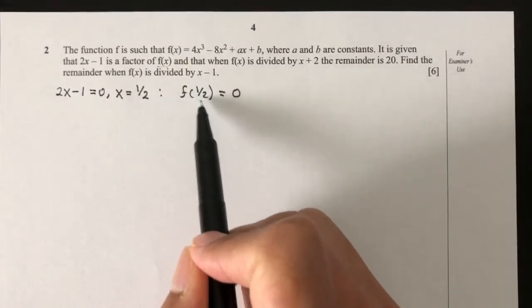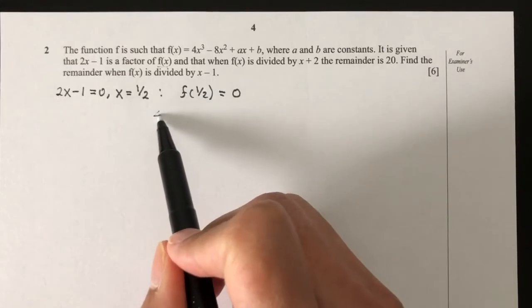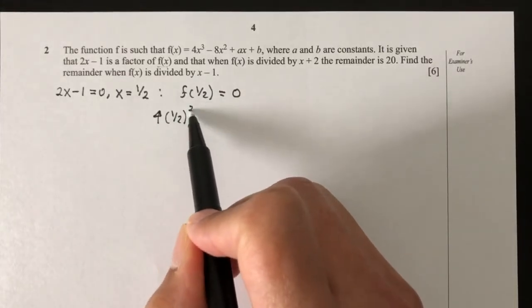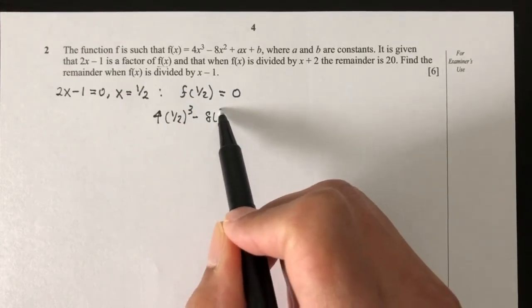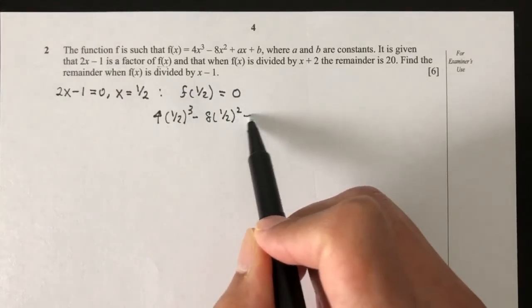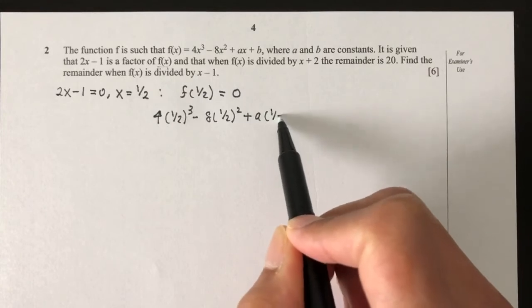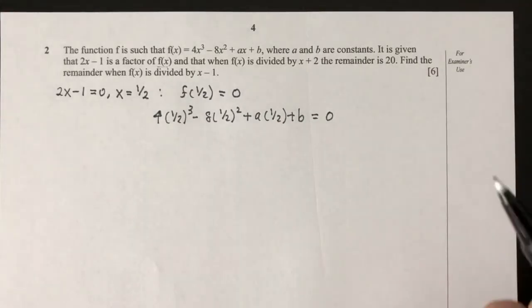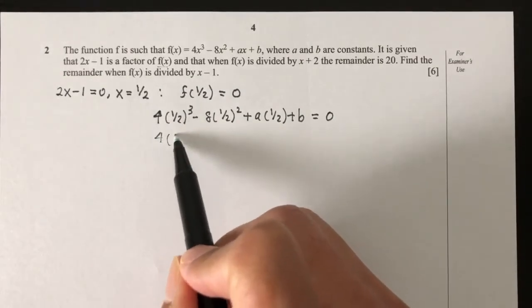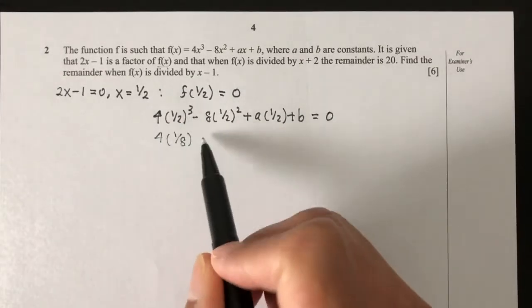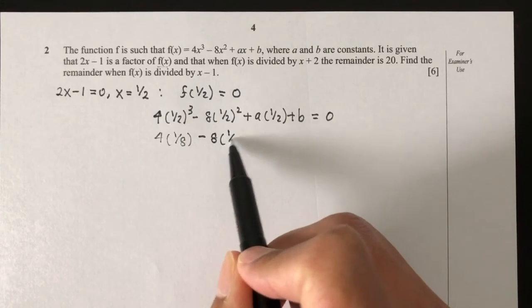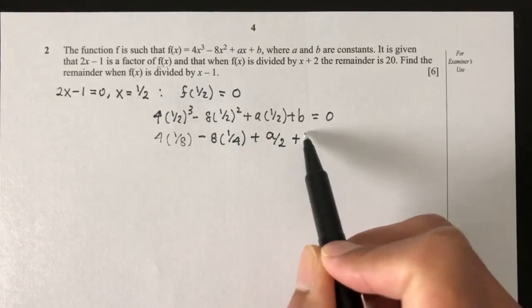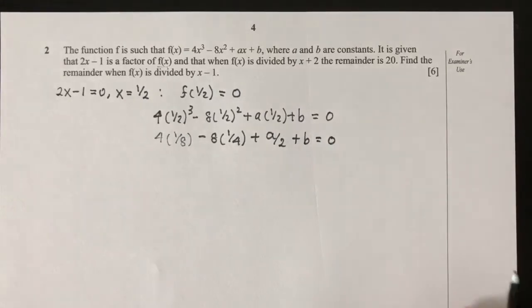Now replace x by half. You will have 4 times half cubed minus 8 times half squared plus a times half plus b, and the remainder is 0. Now we have to simplify. 4 times 1 over 8 minus 8 times 1 over 4 plus a over 2 plus b is equal to 0.